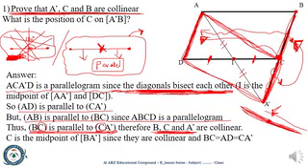Okay? Now, using the fact that ACA prime D is a parallelogram, we know that CA prime is equal to AD. But ABCD is also a parallelogram, so BC is equal to AD also.